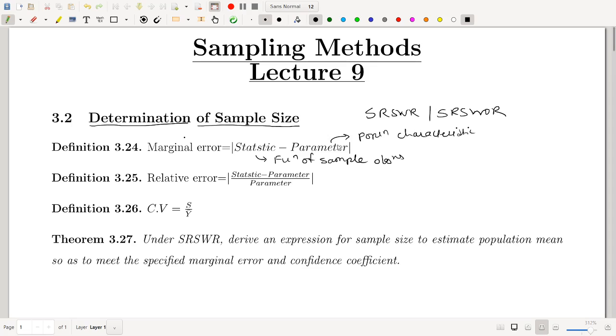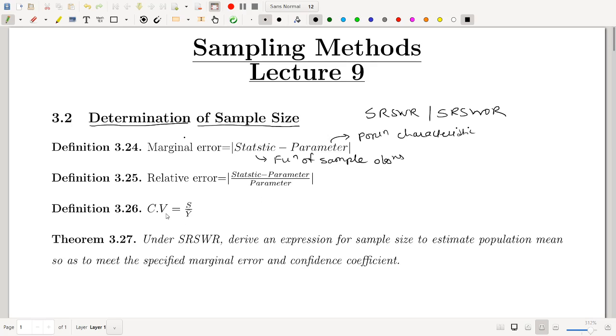This may be a population mean, population variance or population standard deviation. So the modulus of the difference between the parameter and its estimator, the statistic, is called marginal error. Relative error is the modulus of statistic minus parameter upon parameter.